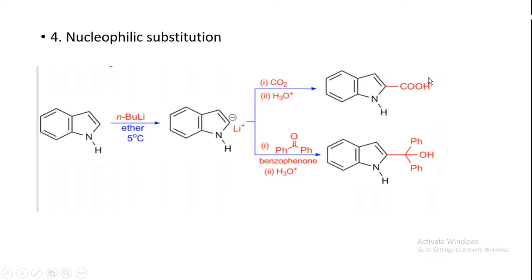Okay, it will attach one carboxylic acid group at the second position. But if you react with benzophenone and then again do acid hydrolysis, H3O+ is acid hydrolysis, a diphenyl hydroxy compound will generate. Okay, so at the second position, diphenyl hydroxy will be attached. So this is a nucleophilic substitution reaction.